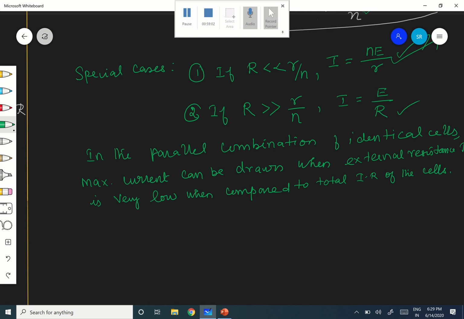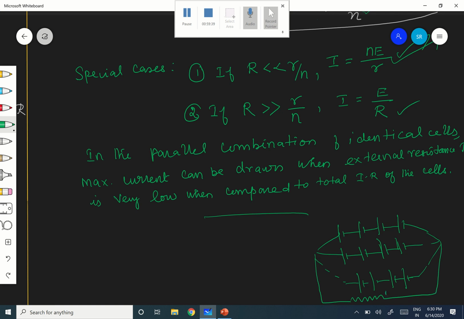Mixed grouping means many cells in series, and many such series rows connected in parallel, all connected to the external resistance. In this case, what is the condition for drawing maximum current? The external resistance should be equal to the total internal resistance of the circuit. Then the current drawn will be maximum.